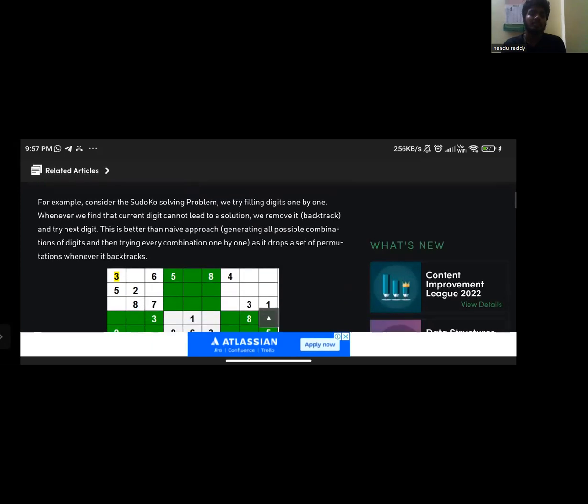For example, consider the following problem: we try filling digits one by one. Whenever we find the current digit cannot lead to a solution, we backtrack and try the next. This is better than the naive approach of generating all possible combinations of digits and then trying every combination.